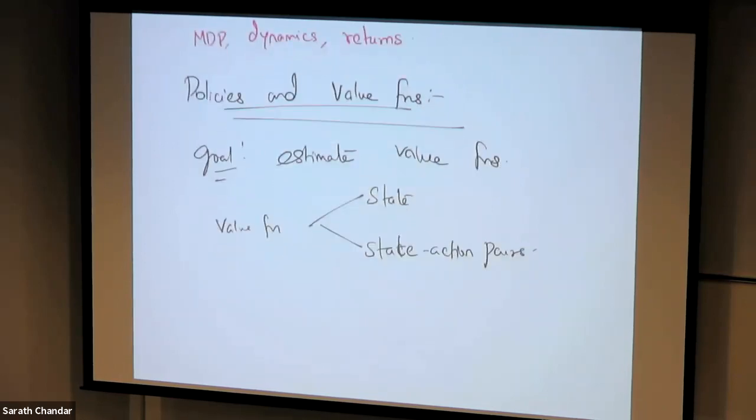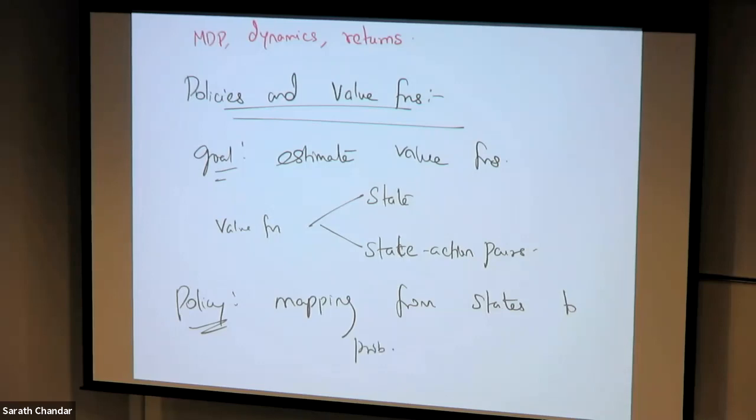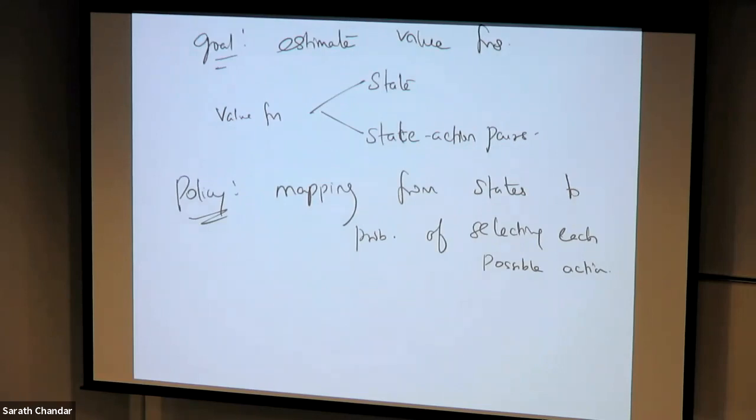Now what is a policy? A policy is basically a mapping from states to probabilities of selecting each possible action. We will write that as pi of a given s. This just means the probability of taking action a given I am in this current state.